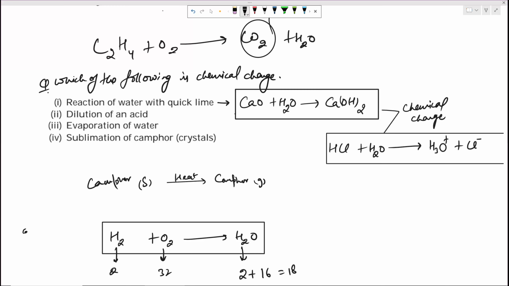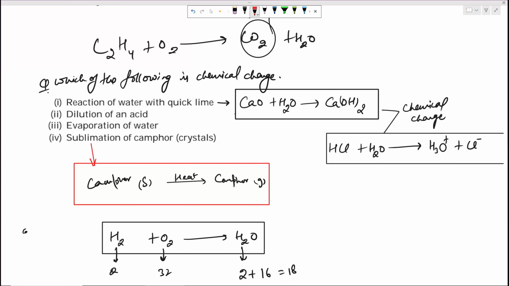Yes, sir. And sublimation is simple: in sublimation the camphor is converted from solid state to gaseous state without going into the liquid state. It is still the camphor. It is not forming some other substance.